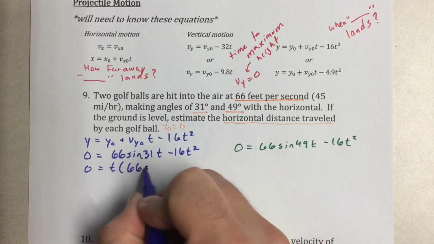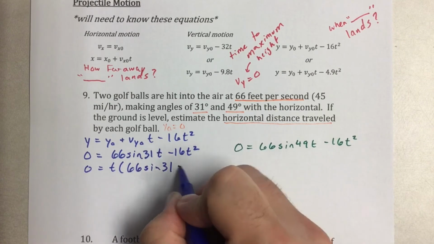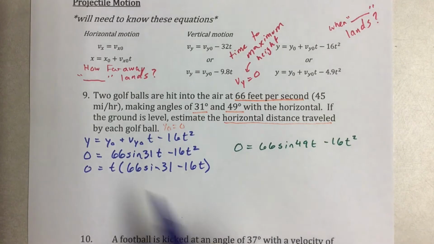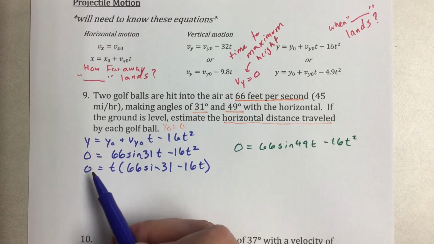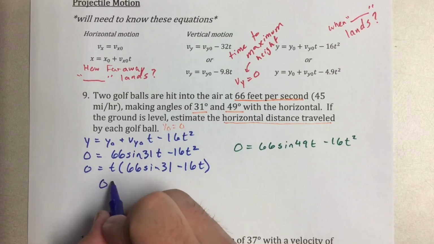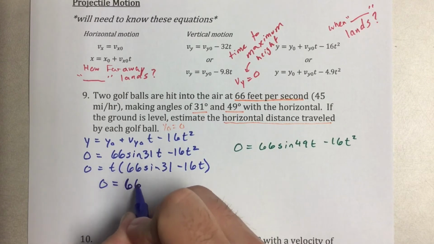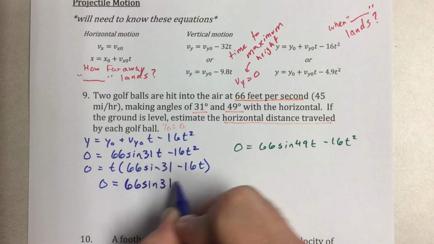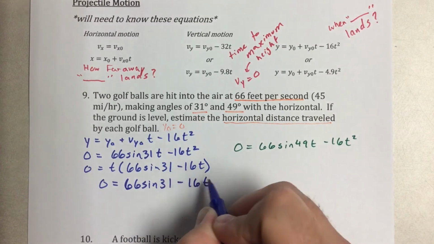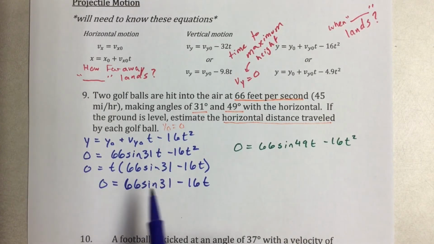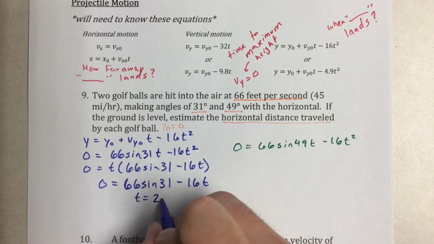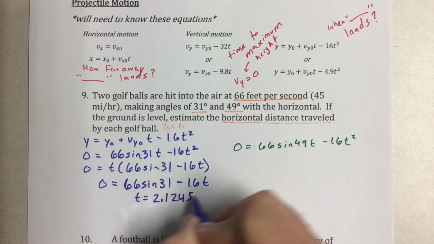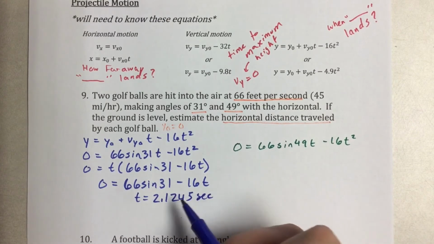So t times (66 sine of 31 minus 16t), okay, which says the height's 0 at t equals 0. Well, sure, that's at the beginning, but the height's also going to be 0 when our other factor is equal to 0. So we have our other factor, 66 sine 31 minus 16t. That is a two-step equation. When we solve it, we'll get t equals 2.1245 seconds. That's the time it takes to land.